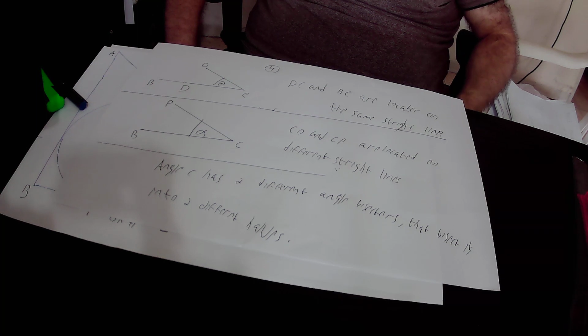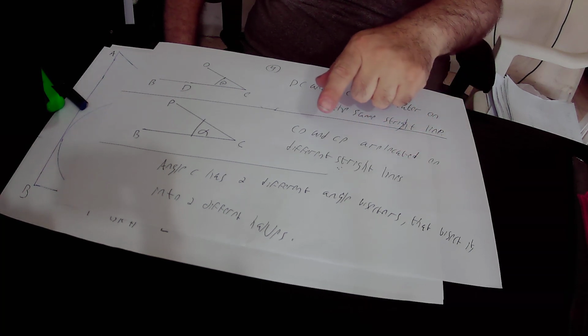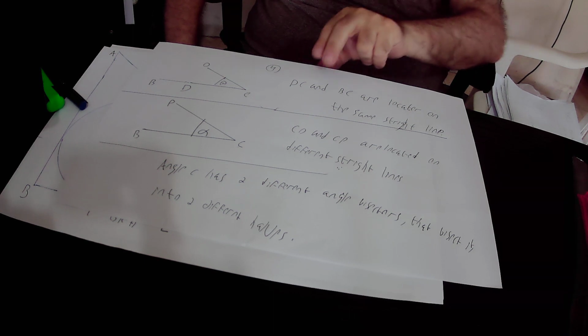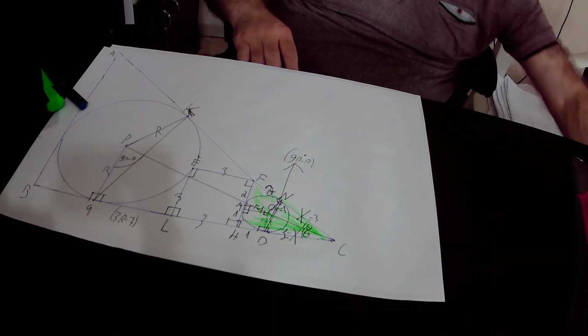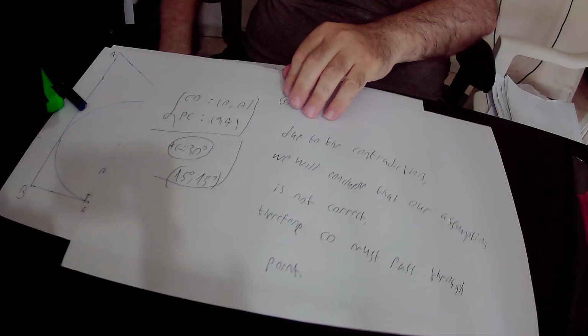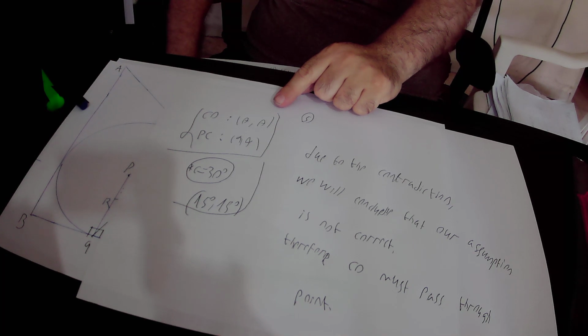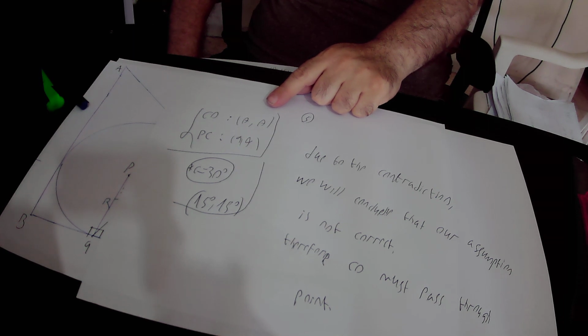So we actually found out that angle C has two different angle bisectors that bisect it into two different halves, while the angle bisector CO bisects angle C into two halves that each equal theta, that is to say, it bisects it into theta and theta.